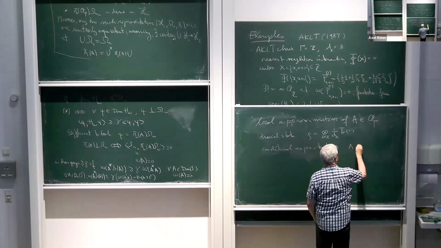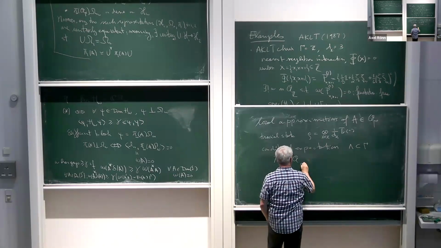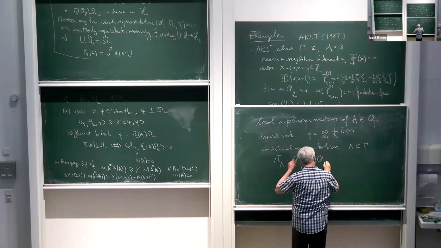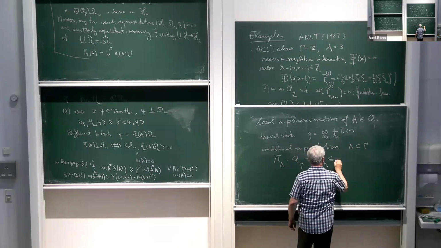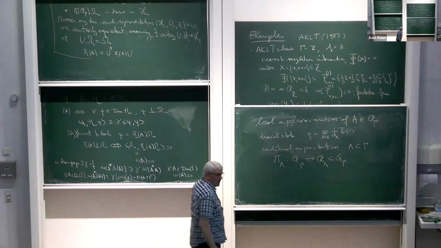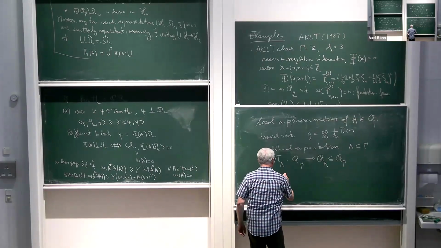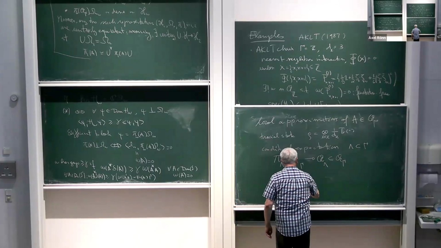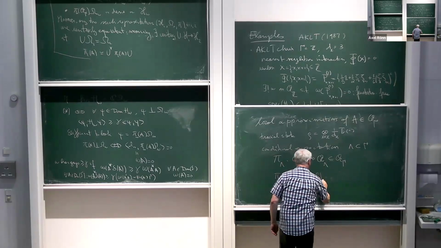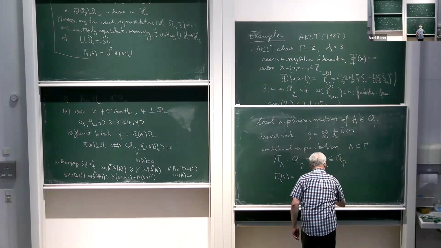Then for a finite subset Λ of Γ, I will define π_Λ this way. The definition is that π_Λ is the identity on the algebra A_Λ, and it is given by the restriction of the state ρ, the tracial state, to the algebra of the complement.